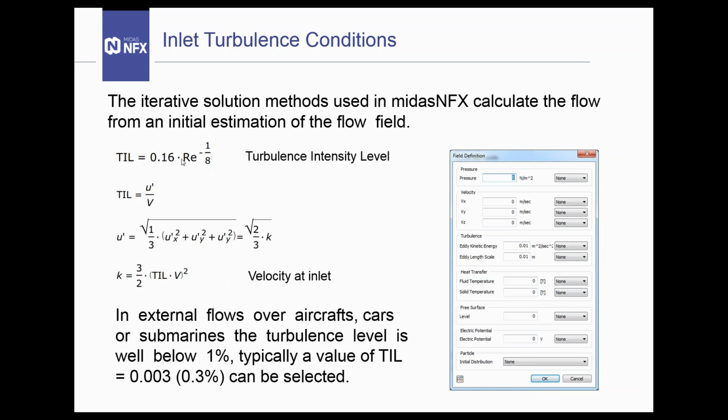There is a formula which is valid for internal flows, but due to experience, there are some values that can be used by you, let's say, in most cases. So as I'm reading there, for external flows over aircraft or cars or submarines, the turbulence level is below 1%, but typically this value can be selected.